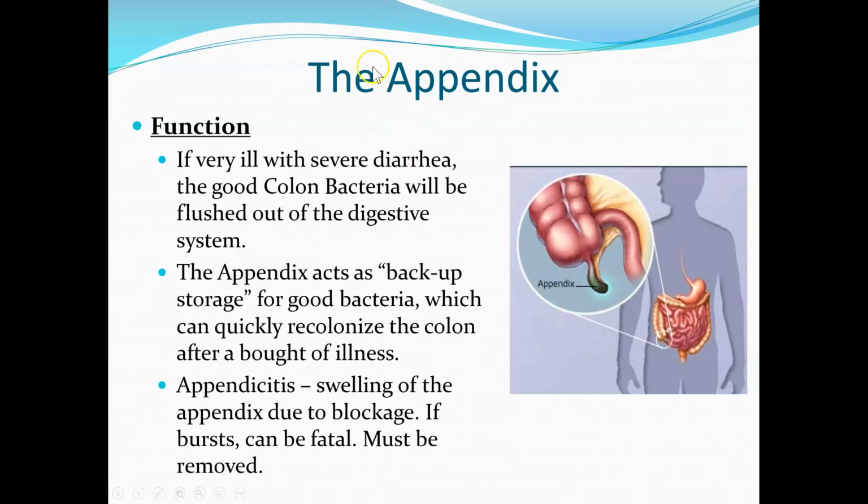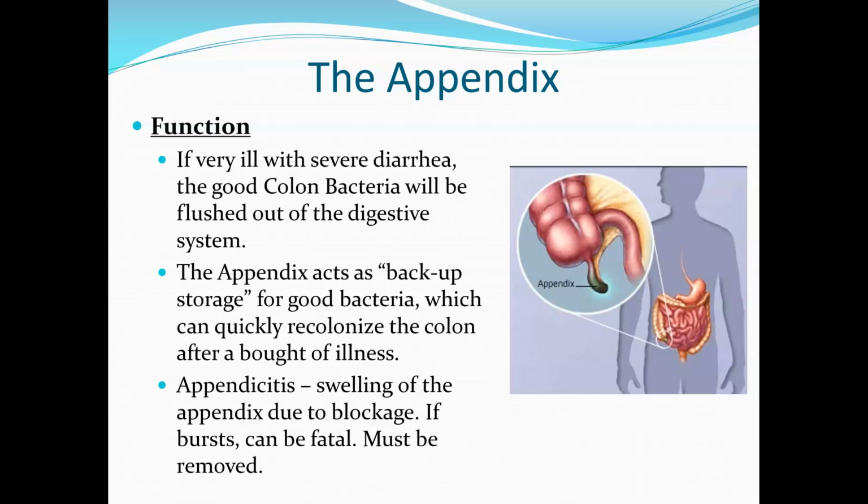And then there's another accessory organ called the appendix. For a long time, it was thought that this was just a useless part of the digestive system, but now we know that it actually contains good bacteria that is important for digestion.